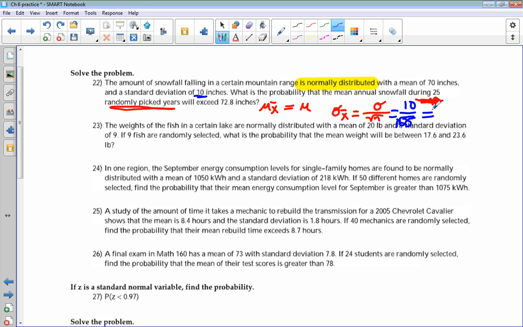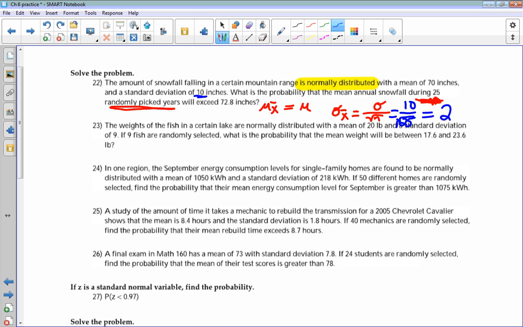And really, what do I have? 10 divided by 5, which is 2. So my standard deviation of my samples is 2, and I'm going to use that now in my calculation to find out the probability of the mean amount of snowfall during 25 randomly picked years will exceed 72.8 inches.